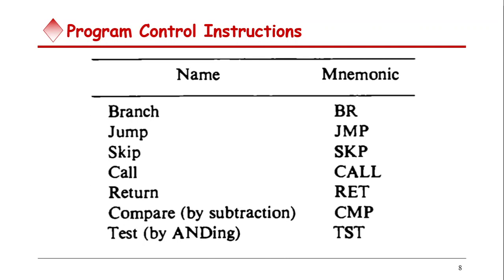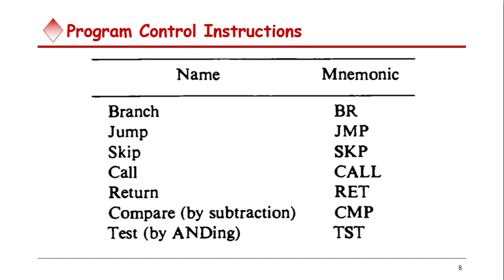Bit Z is set to 1 if the output of the ALU contains all zeros. Bit overflow will be set to 1 if the exclusive OR of the last two carries is equal to 1. So these are the different status bit conditions.